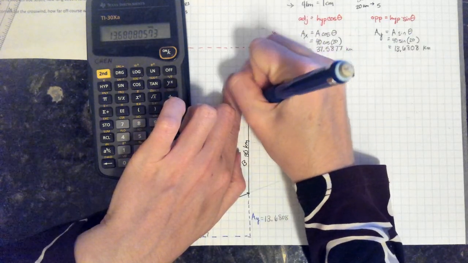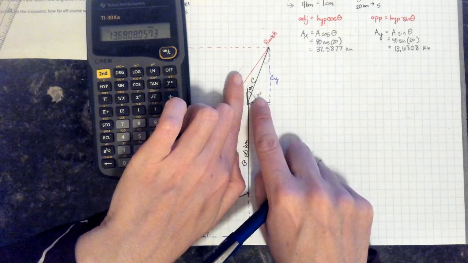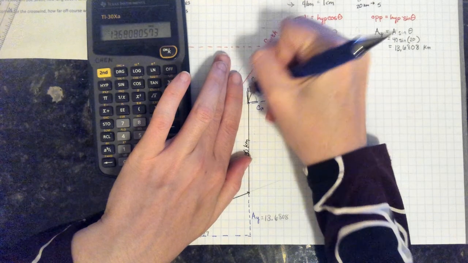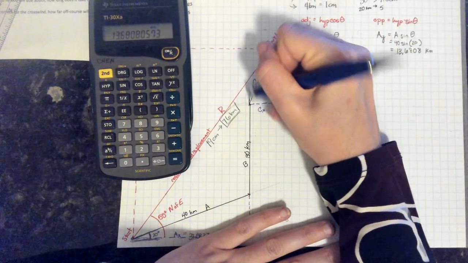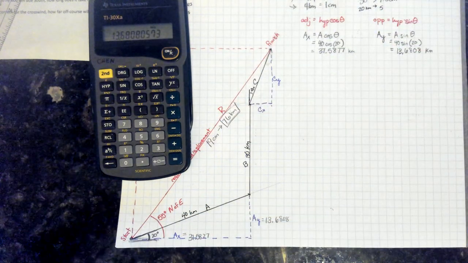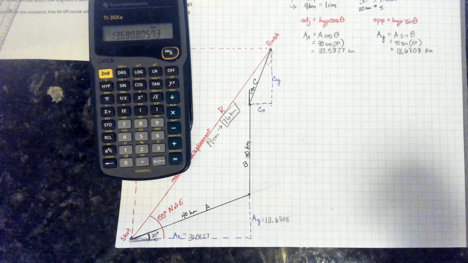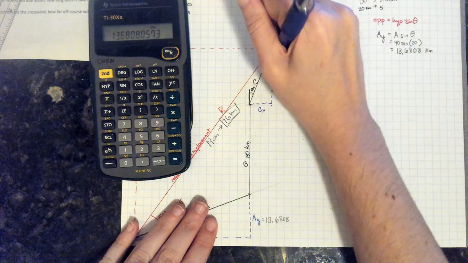So 20 plus 70 is 90 degrees. So you could use this 70-degree angle if you wanted. I like to use the angles that I was given because any time that I'm relying on my own calculations and my own estimates, I could go wrong somewhere, right?